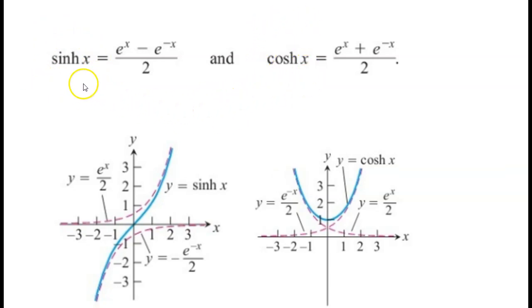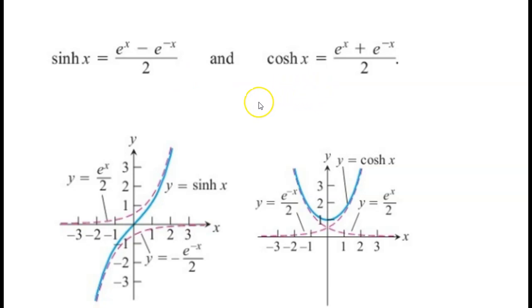We pronounce these sinh of x and cosh of x. Sinh of x is e to the x minus e to the minus x, all divided by 2. And cosh of x is e to the x plus e to the minus x, all divided by 2. In that sense, the sinh of x and the cosh of x are conjugates of one another.